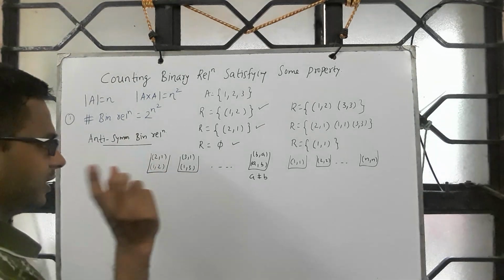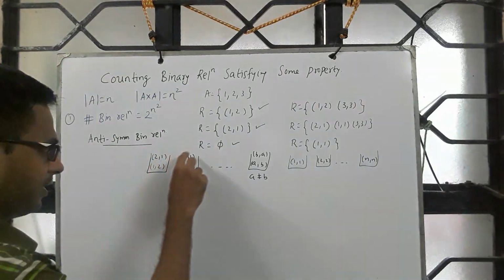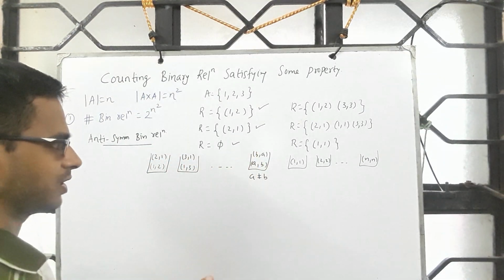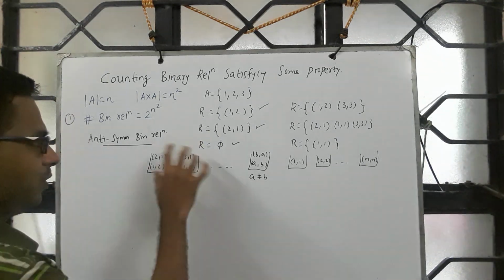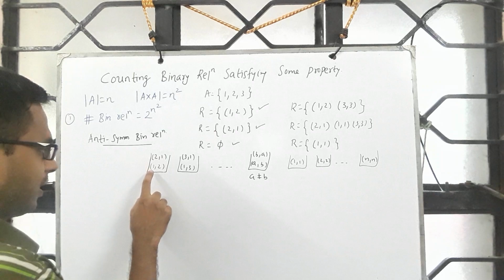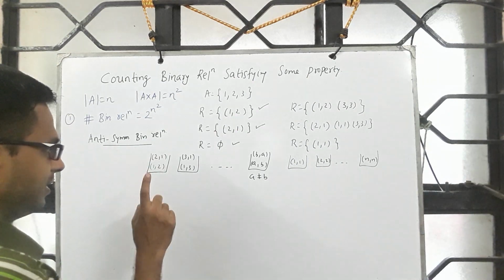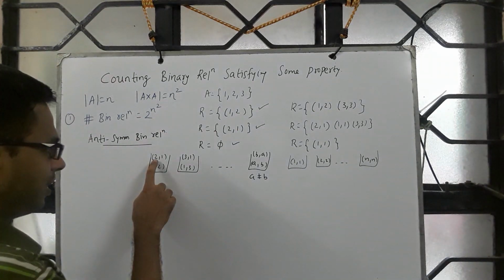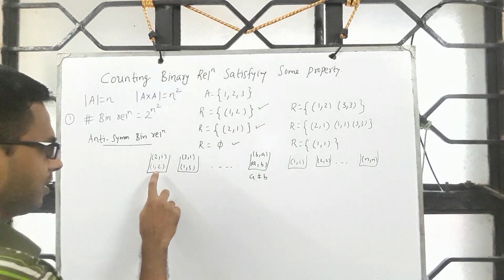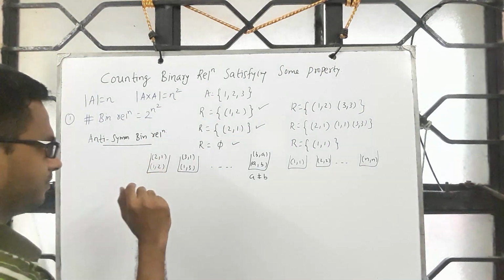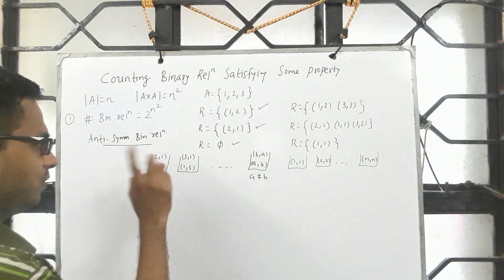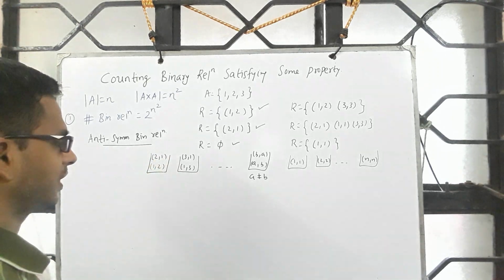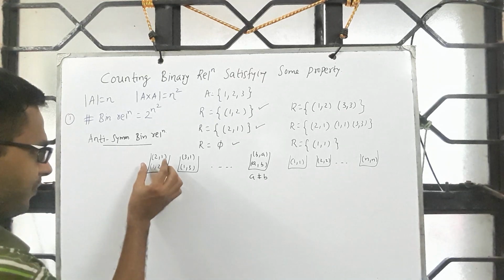When we did symmetricity, we said each one should be seen as one group. But over here, (1, 2) can be present or (2, 1), but not both. One more possibility is neither (1, 2) nor (2, 1). So you can look at it this way.